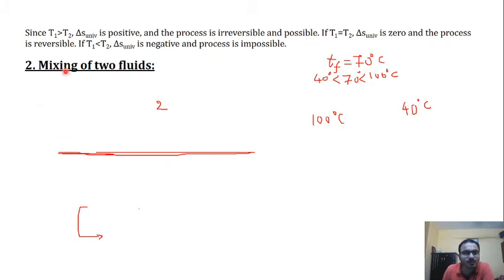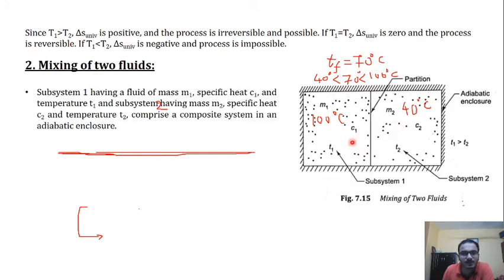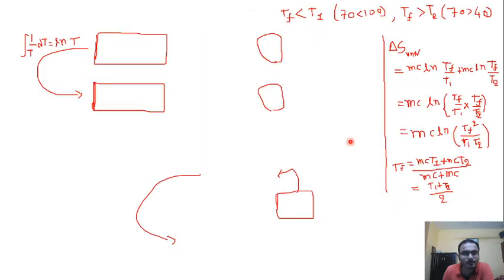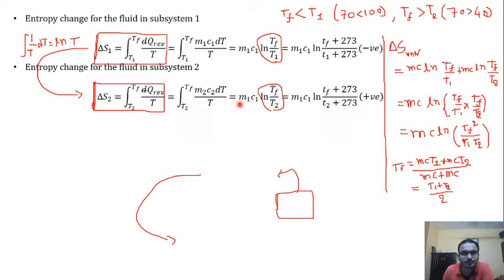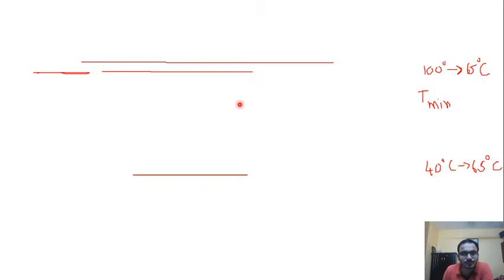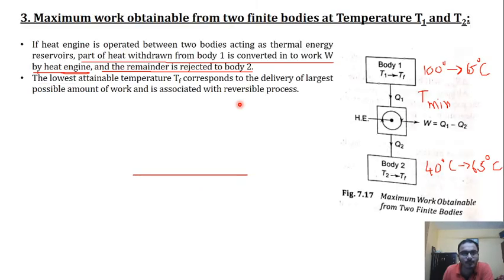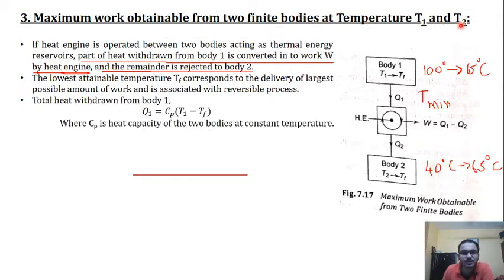Then we studied mixing of two fluids. The third application was the maximum work that can be obtained from two finite bodies at temperature T1 and T2.